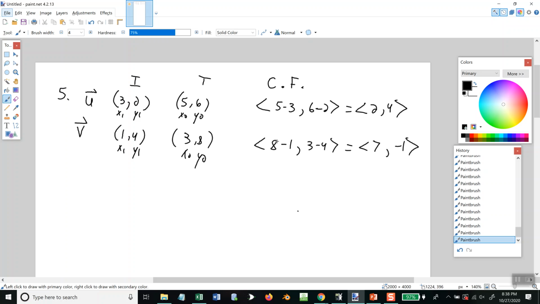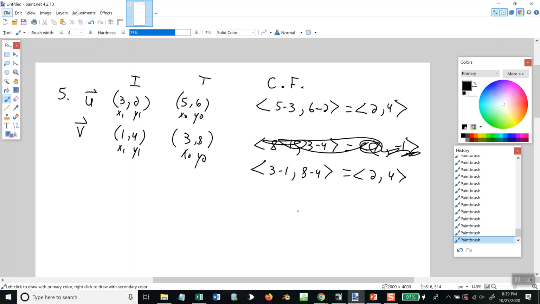Let's try that again. My eyes got off. 3 minus 1 and 8 minus 4. I'll blame it on my glasses fogging up. 2, 4. Yeah, you subtract the x's, 3 minus 1, 8 minus 4. Making it harder by trying to label everything.